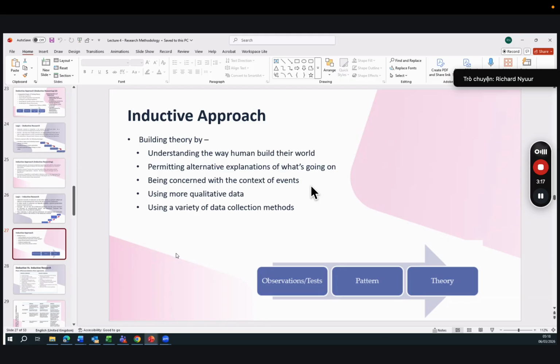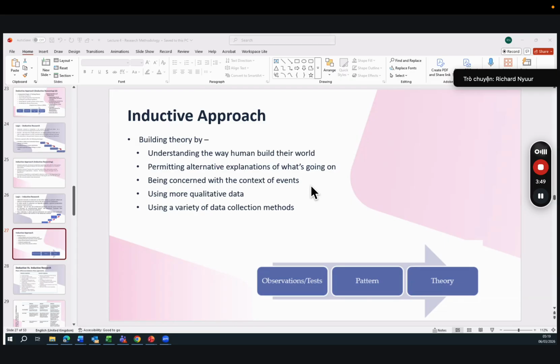They develop the understanding and they build theory out of it. So for the inductive approach, it's more about subjectivism. It's more about interpretivism. So they interpret the reality based on the information that they've obtained.